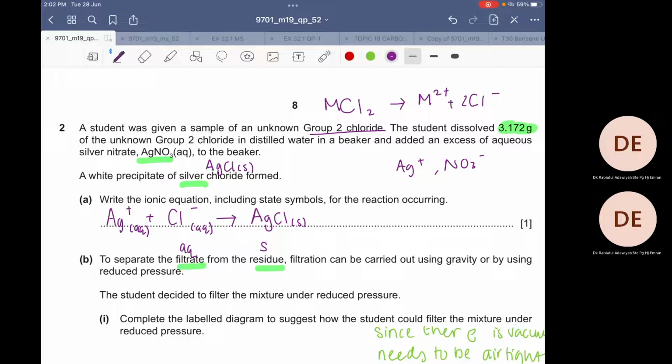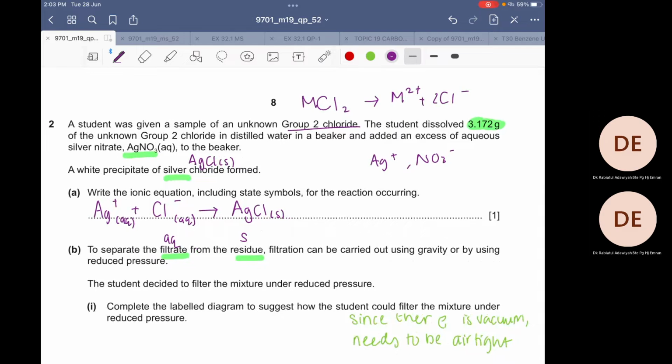Okay, to separate the filtrate from the residue, so that means after this reaction, there will be some precipitate. Also, there will be solution. Okay, so that's why filtrate is the liquid, the aqueous part. Residue is the solid part that you want to filter out or to separate from the liquid part.